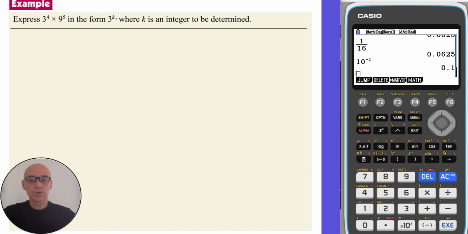In this final question, we're asked to express the product there in the form 3 to the power of k, where k is an integer, a whole number, to be determined. Now, since we're asked to express it in the form 3 to a power, we should start by writing 9 as 3 squared.